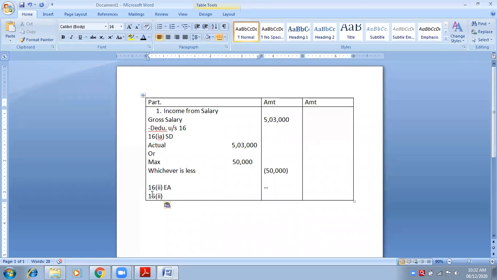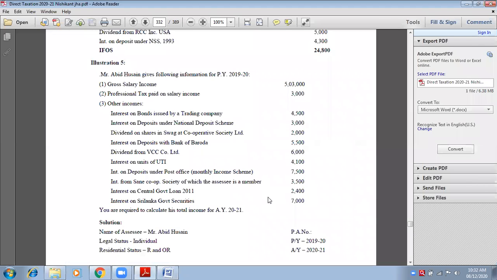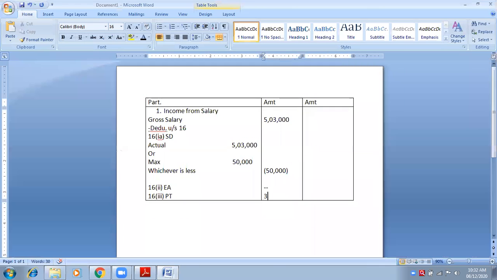Professional tax. What is the amount of professional tax in the question? See, professional tax paid on salary income is 3,000. So we will write here 3,000 in the bracket. So 50,000 and 3,000 both are the deductions that are available from income from salary.